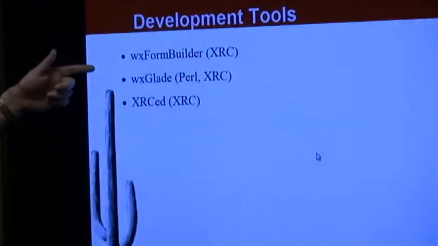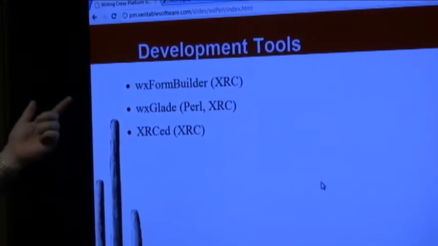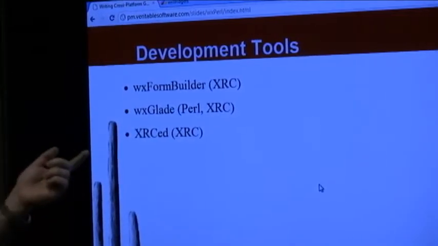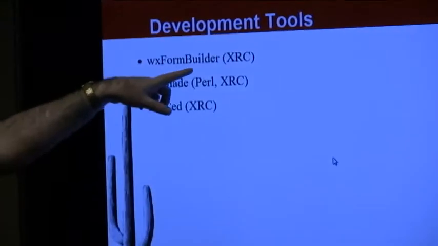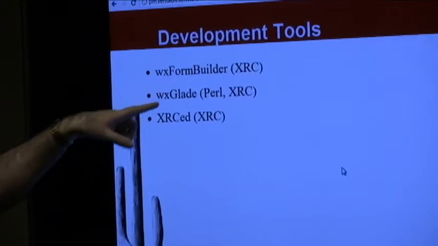Basically, there are more development tools out there than this. A lot of them are more geared towards C++, so since this isn't the C++ mongers, I left those out. In fact, mainly I geared this towards the ones that output XRC, since that's mostly what I'm talking about tonight. wxFormBuilder seems to be the most popular one right now.